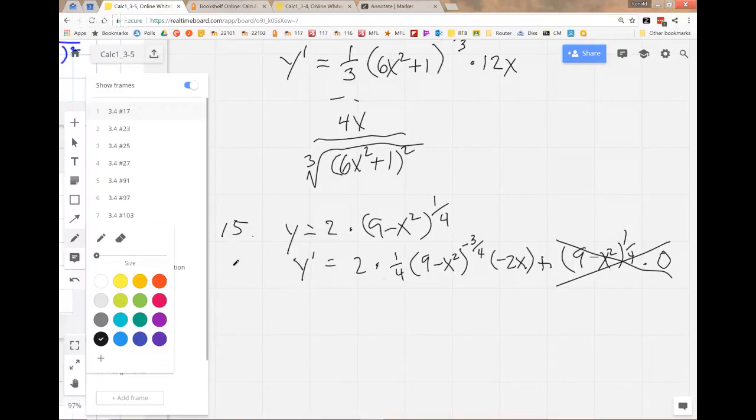So now let's see what we can do to simplify this. So we've got 2 times negative 2x, which is negative x. We've got a 4 on the bottom. And we've got this thing that goes on the bottom. And yes, you could write it like this.